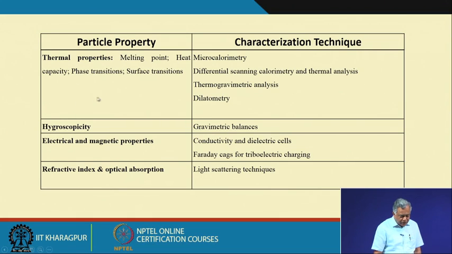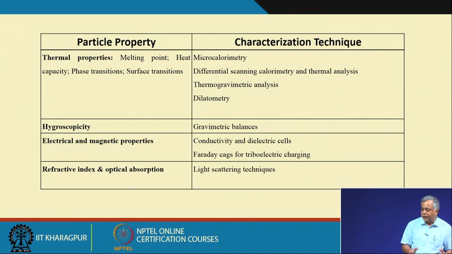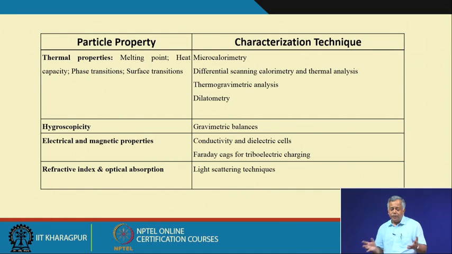Then hygroscopicity, whether it absorbs water or not, and electrical and magnetic properties are sometimes very important for mineral processing people. Sometimes we use the property differences between two particles for their ideal separation.